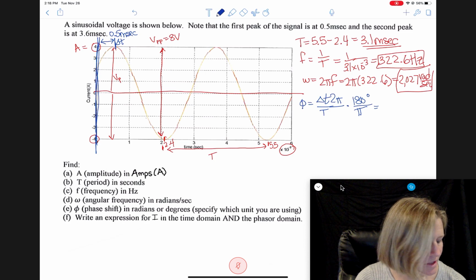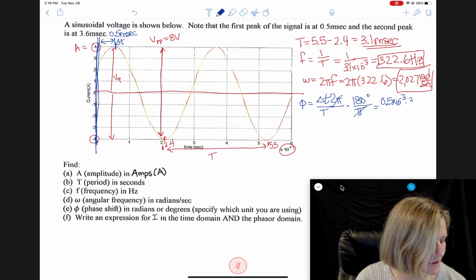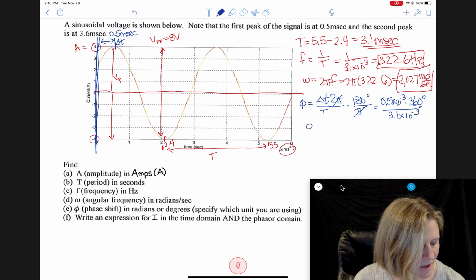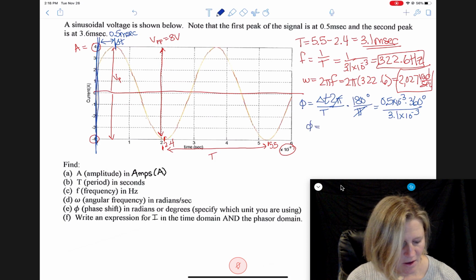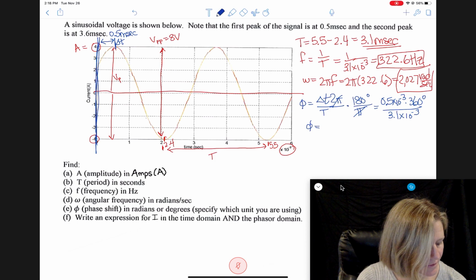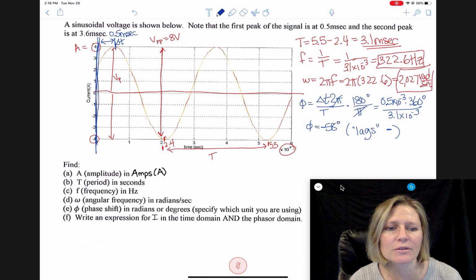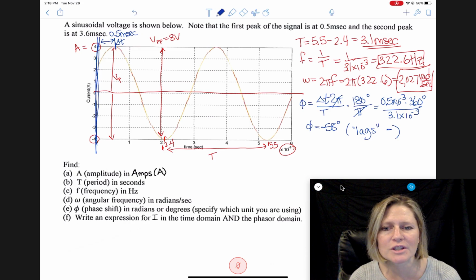In this case, we take that 0.5 milliseconds, cancel out the pi's, and have 360 degrees over the 3.1 milliseconds. This gives me a phase of 58 degrees. Again, it is lagging the input, so it's going to be negative. So we add in a negative 58 degrees. This would be the phase shift in radians or degrees, and we did it in degrees here.